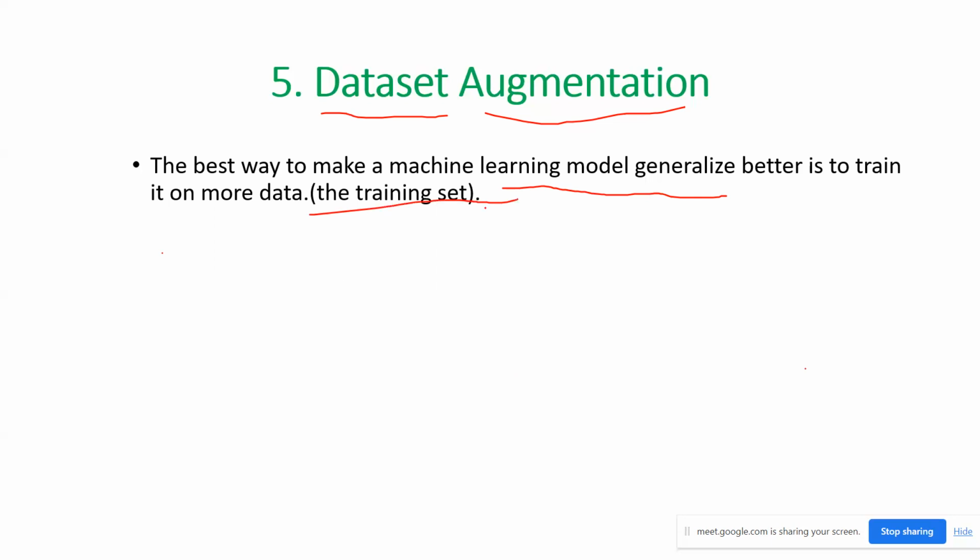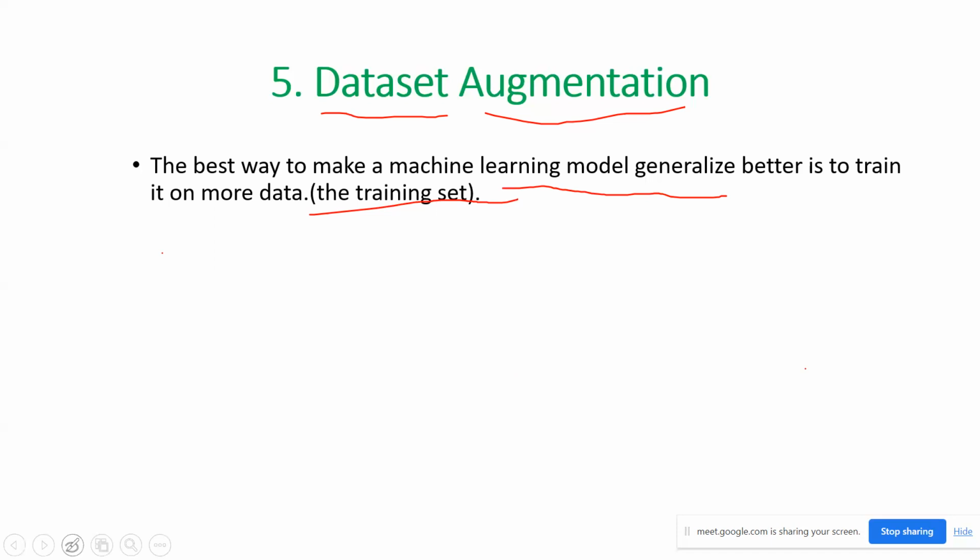Increasing the data directly is not possible, so we have to create fake data. That fake data is added to the training set. Then our model will be trained with the fake data, and then it predicts the output. This is one of the simple mechanisms.